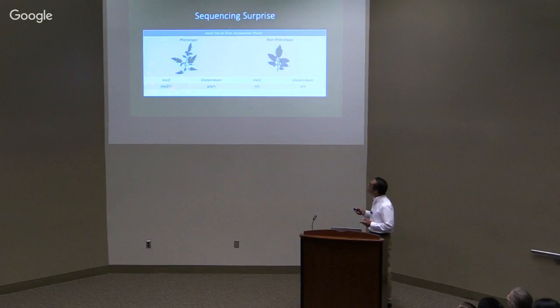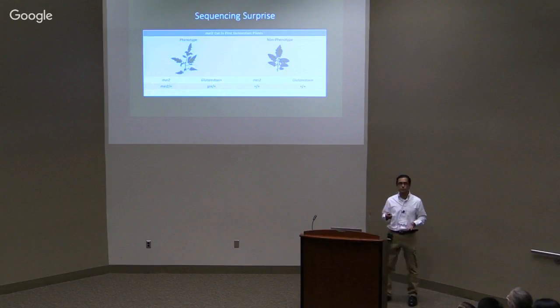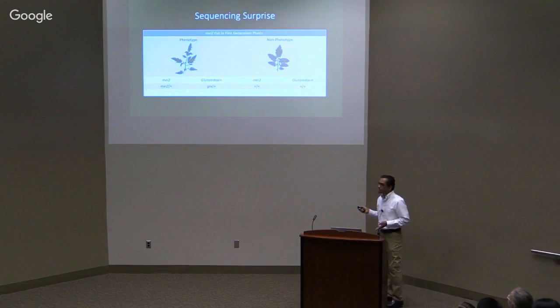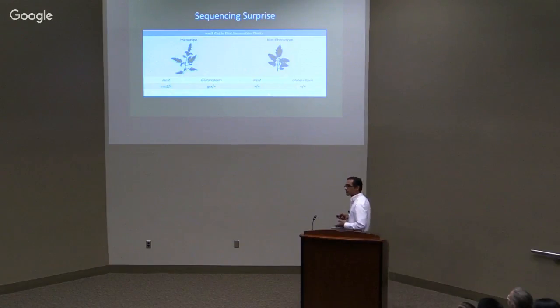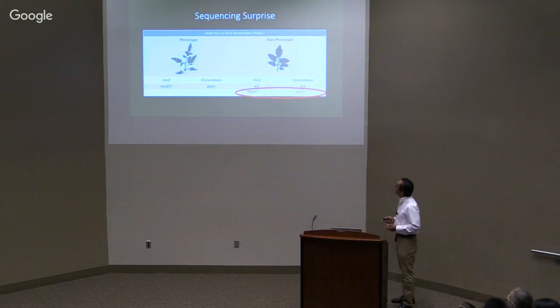Both were heterozygous in the phenotypic plant. And as we received more and more mutant plants back, we found some that were non-phenotypic that tested negative for the heterozygous state.